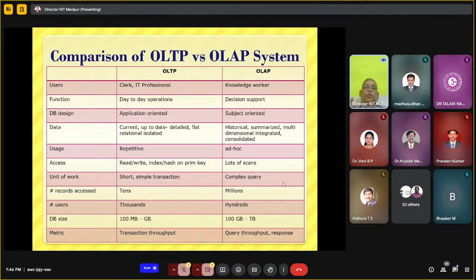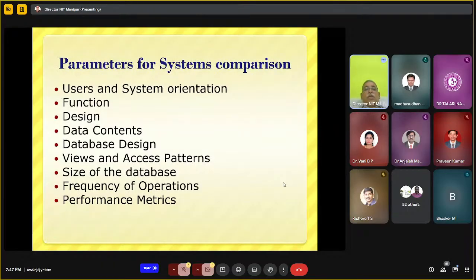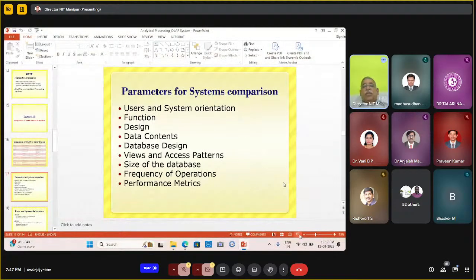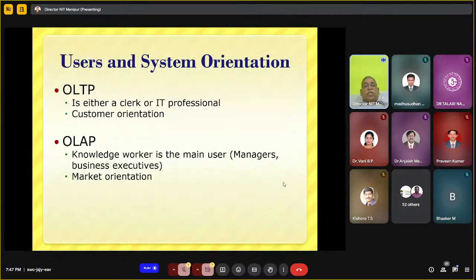Here, in the OLTP system, transaction throughput is optimized. This is how you can compare the OLTP with the OLAP system. All these parameters are taken into consideration when we compare them. So all the things are explained.